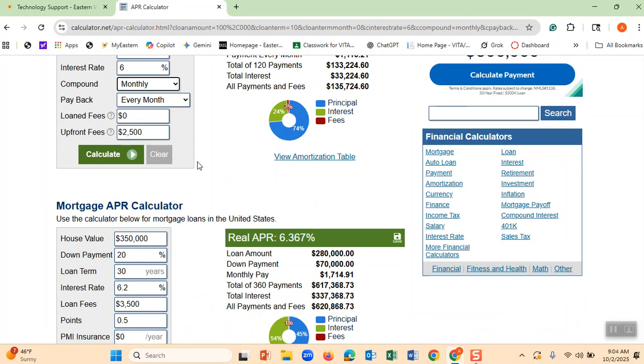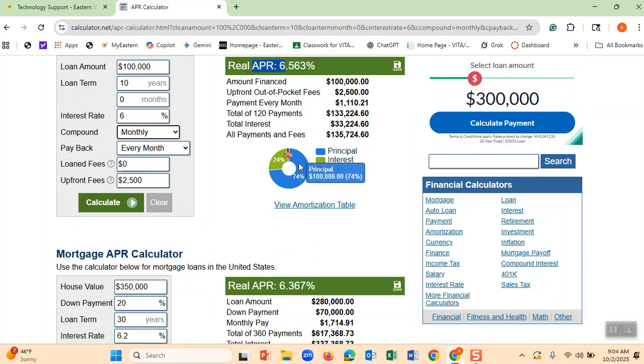And therefore, we come here and you look at this. This is out of $100,000. Do you see? $74,000 is the principal you pay, $24,000 is interest, and 74% and 24%. I'm sorry, I said that wrong.